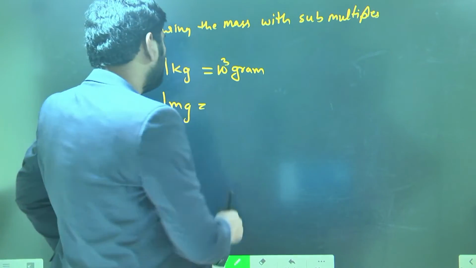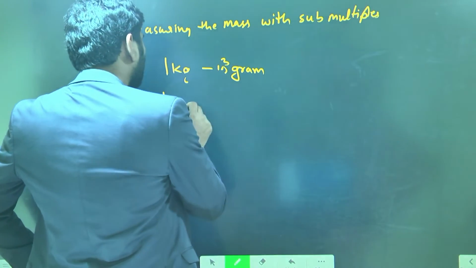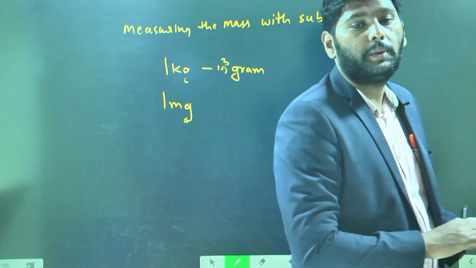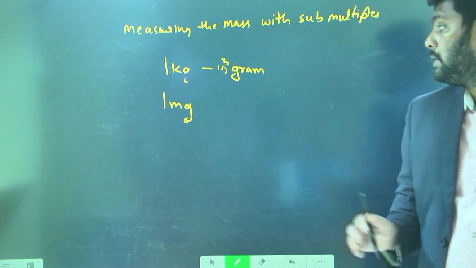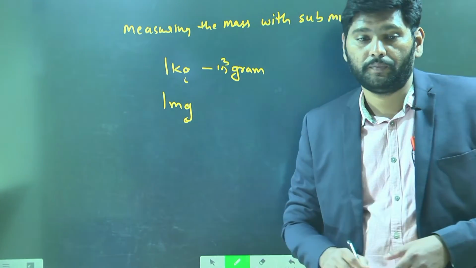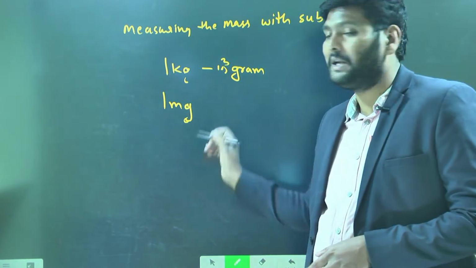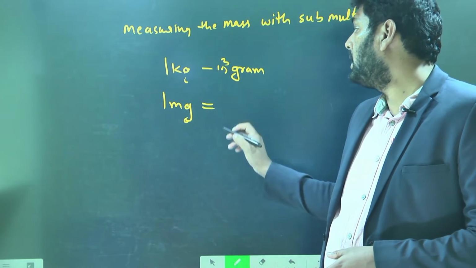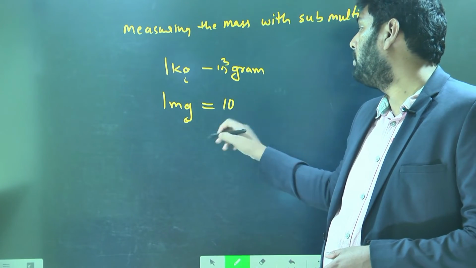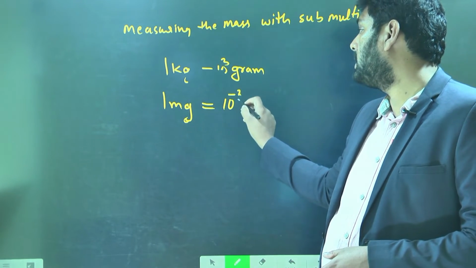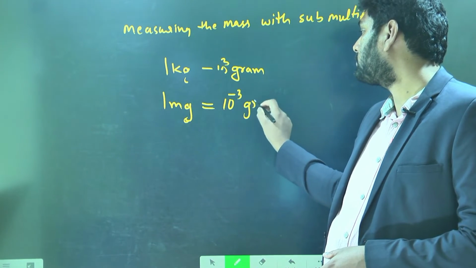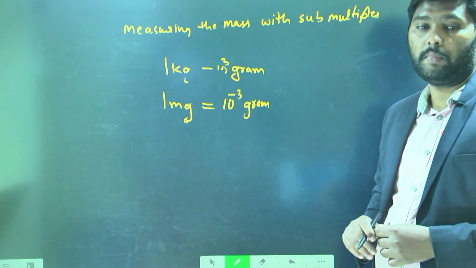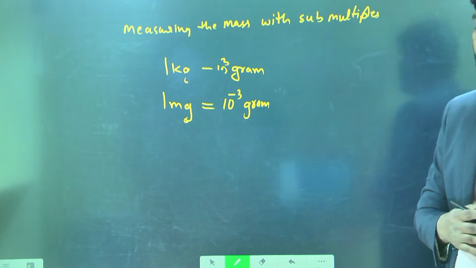Generally, you observe this mg on the back side of the tablets. Here mg means milligram. So how can you represent this milligram? 1 milligram is equal to 10 power minus 3 gram, since milli means 10 power minus 3. So that way we can represent the mass units by using the submultiples.